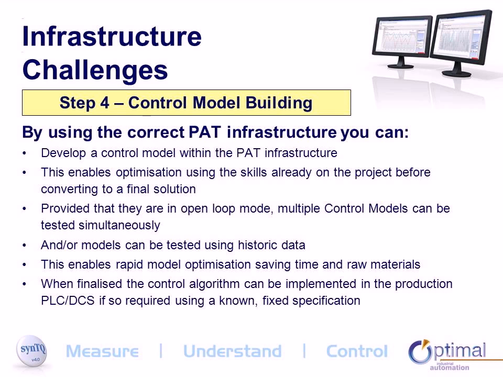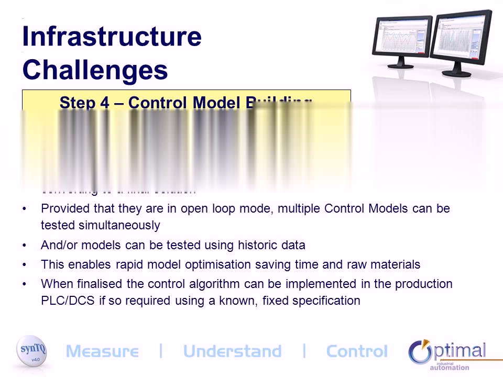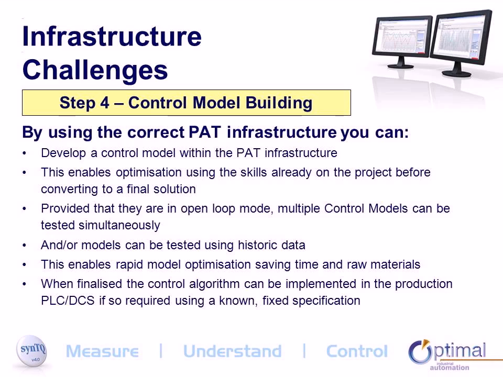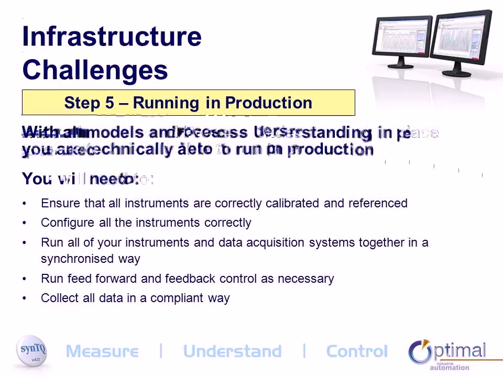But in a similar way to the development of the process models, this allows you to more rapidly develop the optimal control model. When you've finished this process, then you may well want to deploy that control model or that control method onto your PLC or DCS system. This simplifies the migration so that your automation engineer now knows exactly what he has to implement in his system.